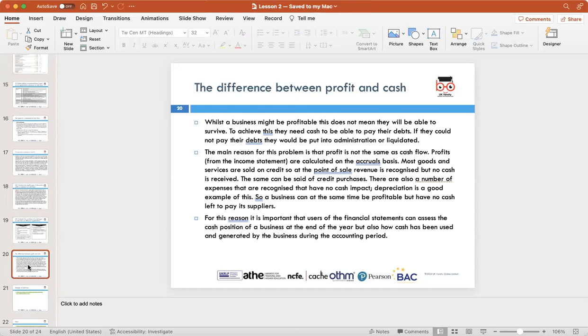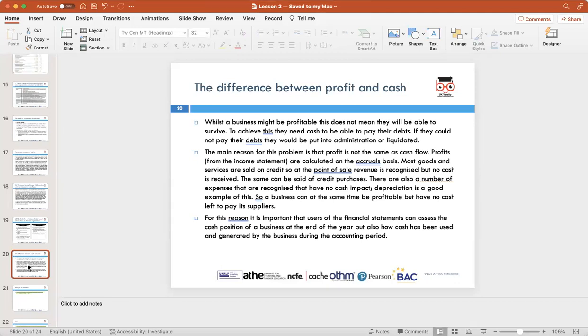The same can be said of a credit purchase. There are also a number of expenses that are recognized that have no cash impact. Depreciation is a good example of this. So a business can at the same time be profitable but have no cash left to pay its supplier.